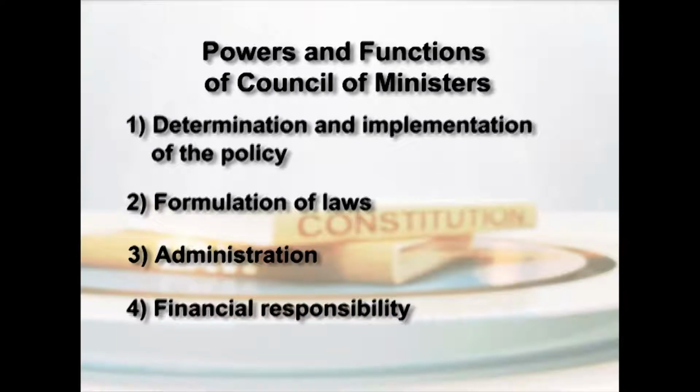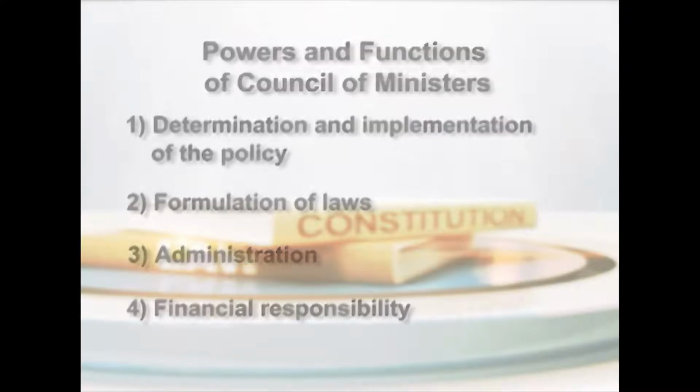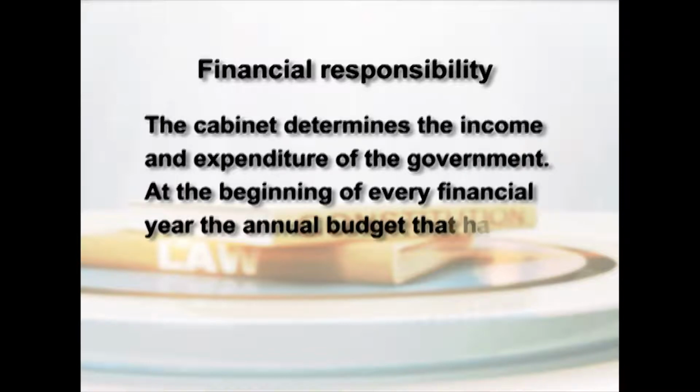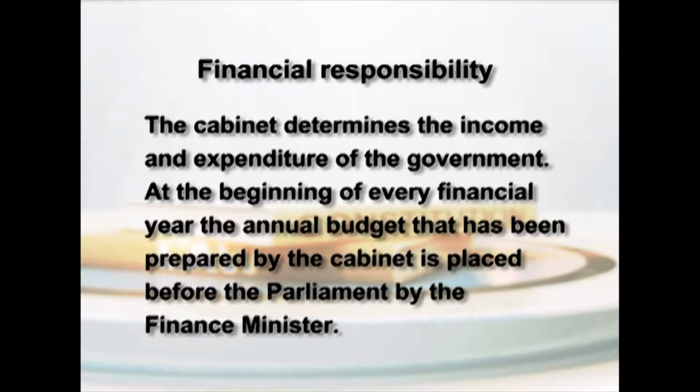Next is the financial responsibility of the Council of Ministers. One of the primary responsibilities of the cabinet is to determine the income and expenditure of the government. So, at the very beginning of every financial year, an annual budget is placed before the parliament.